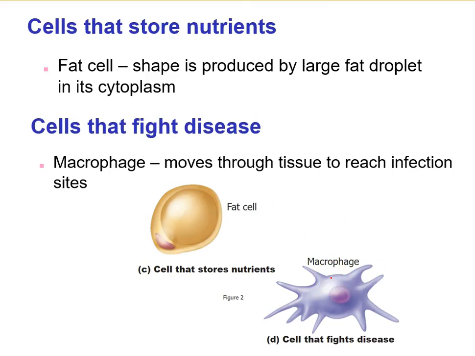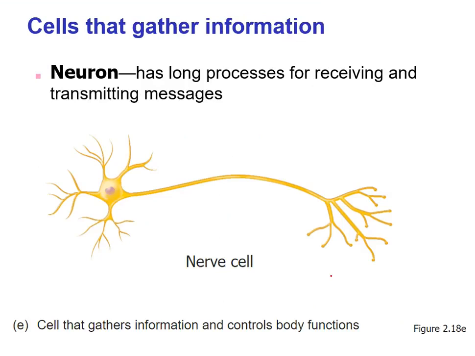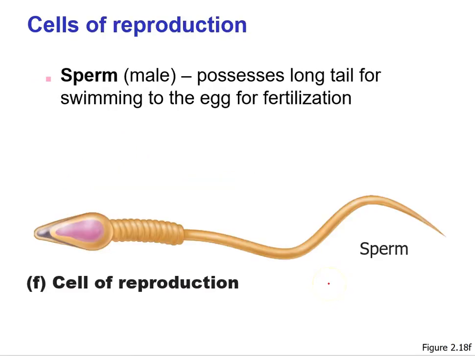The next cell, which gathers information, is the nerve cell, or neuron, which as you can see is a kind of weird shape. It has long processes, which are specialized for receiving and transmitting messages. Or we have some cells that are reproductive cells, or sex cells, like sperm.